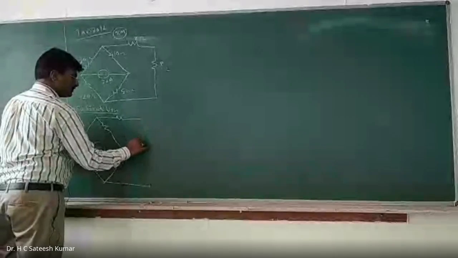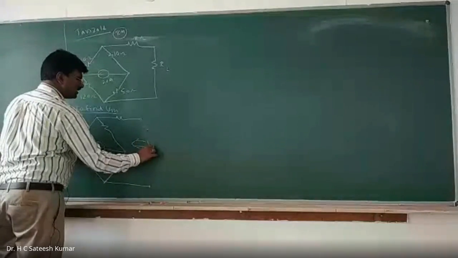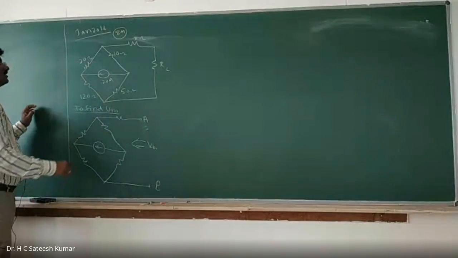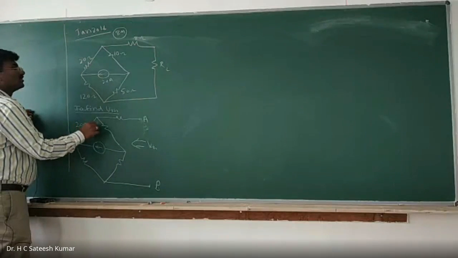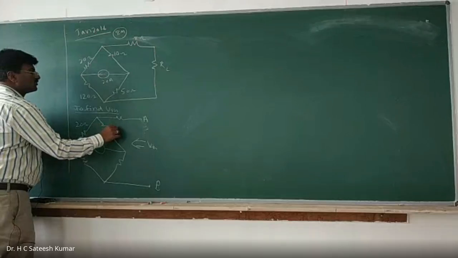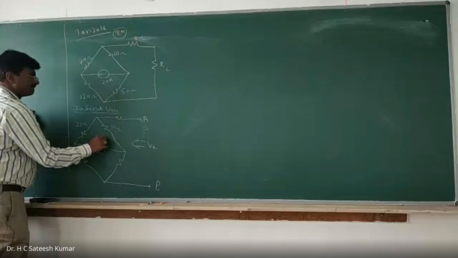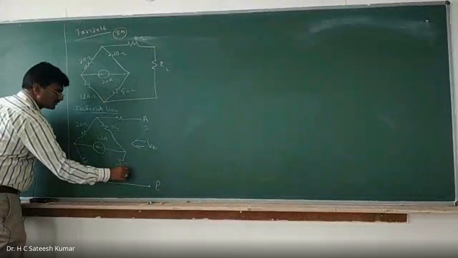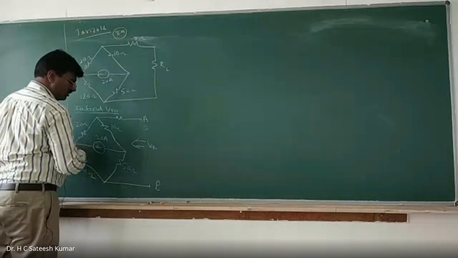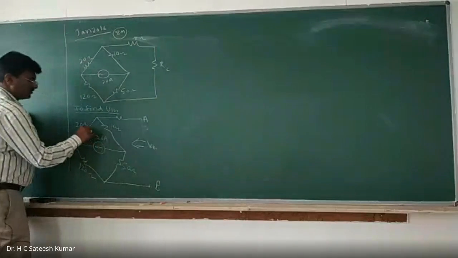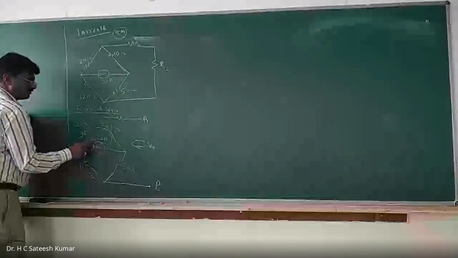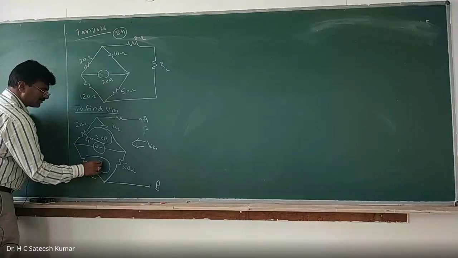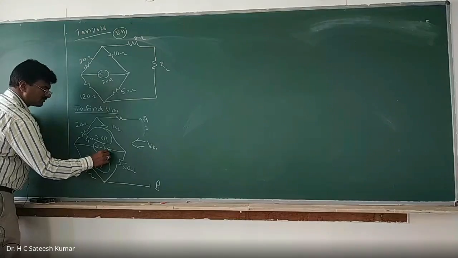So this is your VTH, A and B. Okay, right. 20 ohms, 10 ohms, 20 amps, 120 ohms, and 50 ohms. Apply KVL loop. Loop current is I1, this loop current is I2, and this is I1 minus I2.